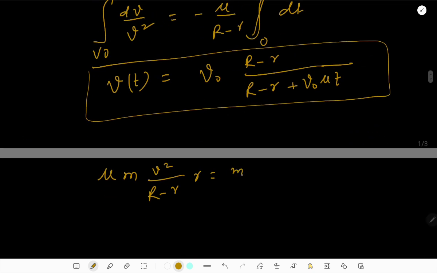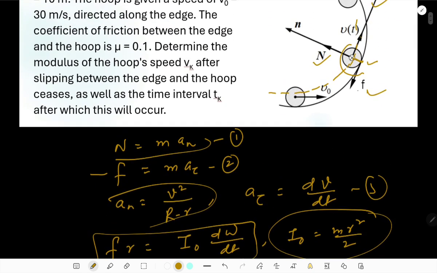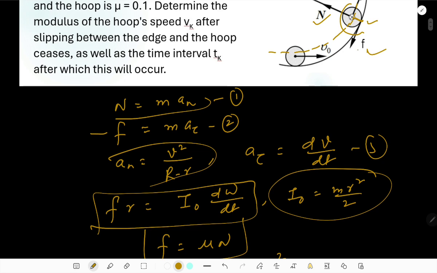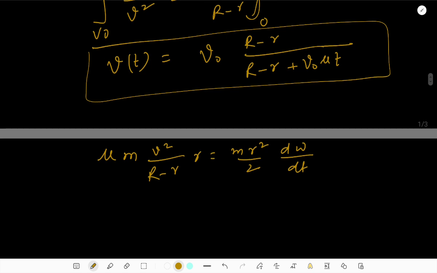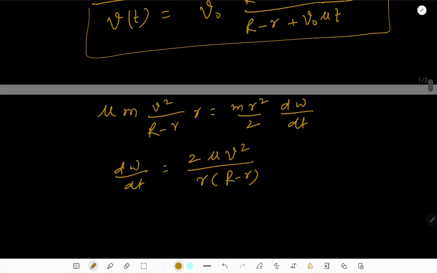I naught is m r square by 2. Not omega, that was I alpha, I d omega by dt. Yeah, this was I naught, m r square by 2, d omega by dt. Right. So I got here d omega by dt equals 2 mu v square upon r times (R minus r), this is d omega by dt.